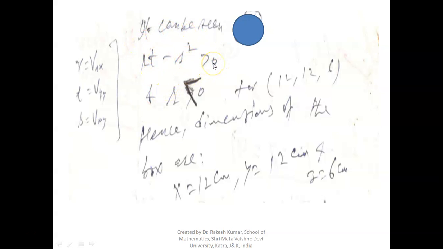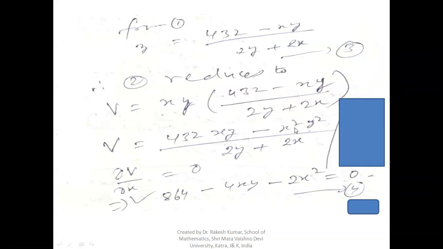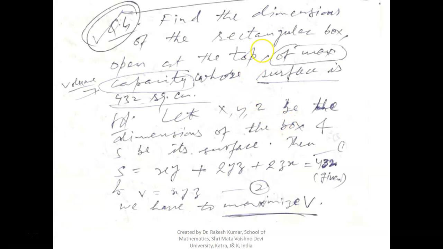It will be greater than 0 and r will be less than 0 at this point. So hence the dimensions of the box are 12, 12 and 6, at which the volume, or capacity, of that rectangular box will be maximum.